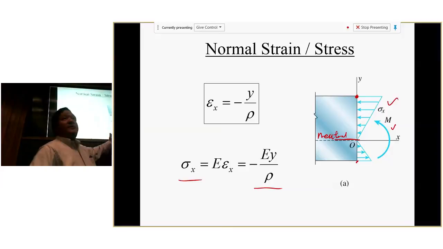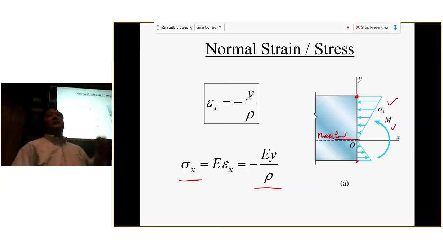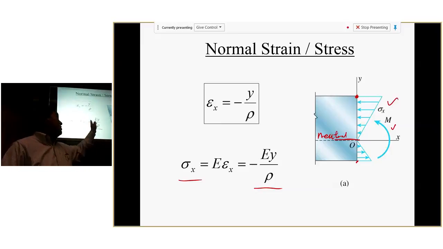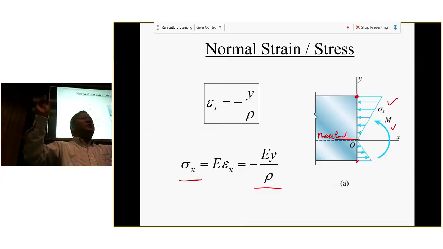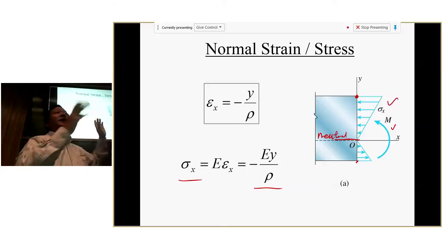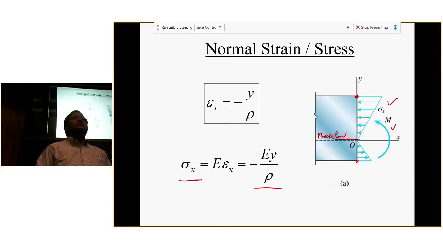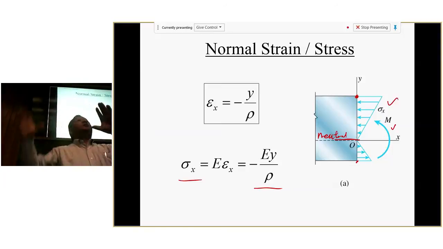Where do you get this kind of stress distribution? Why does this beam generate the stress? Because you apply a bending moment. If you don't apply any moment, there will be no stress. It will be all 0. So the stress of this distribution comes from the moment.